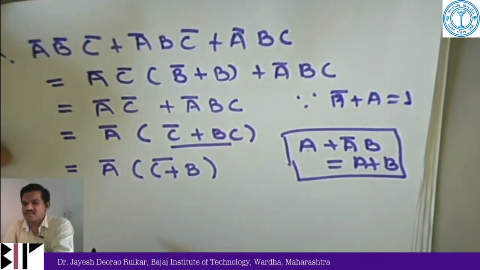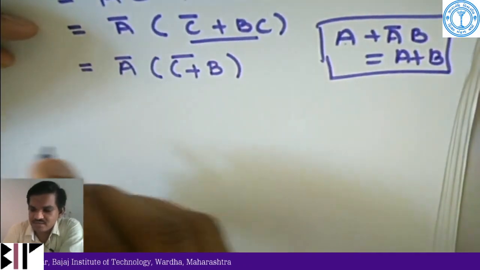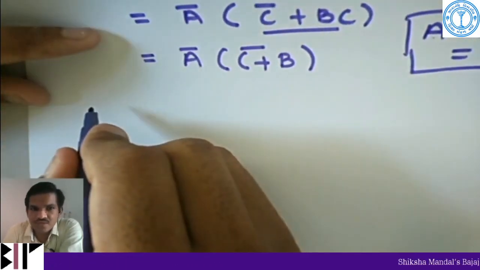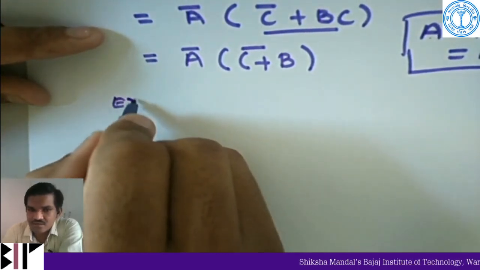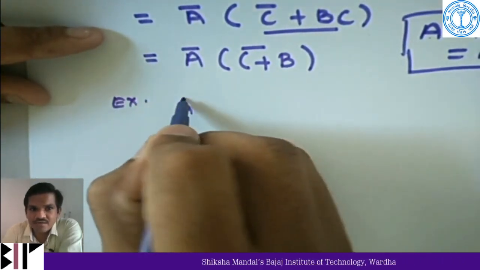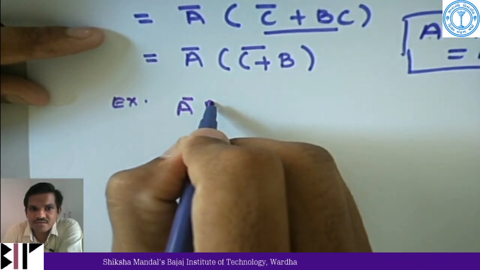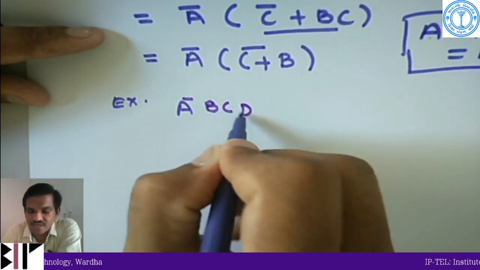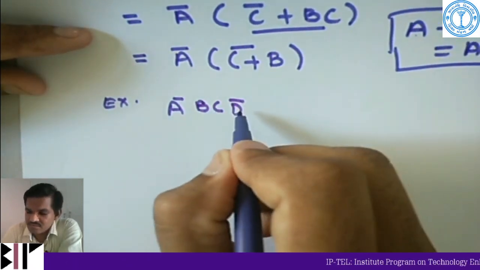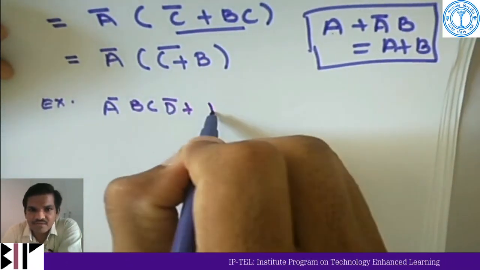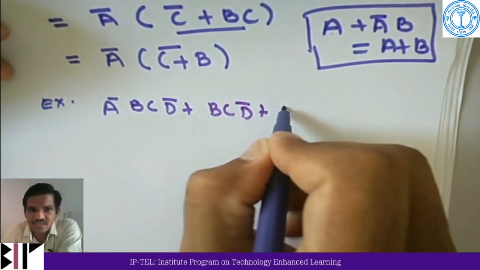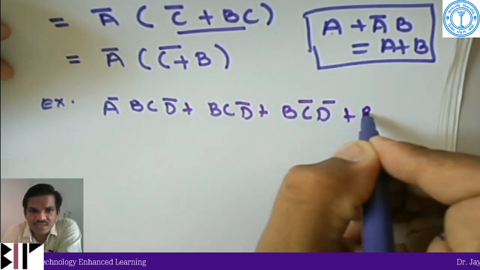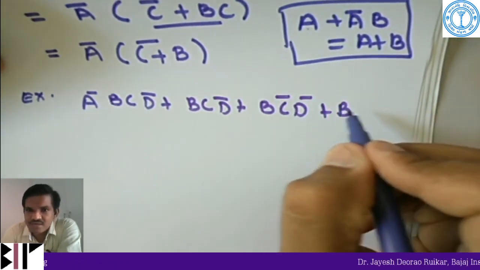Let us take another example. A bar b c d bar plus b c d bar plus b c bar d bar plus b c bar d.